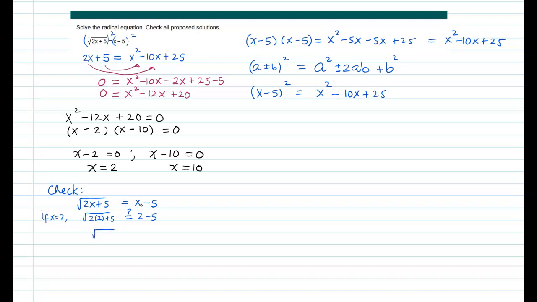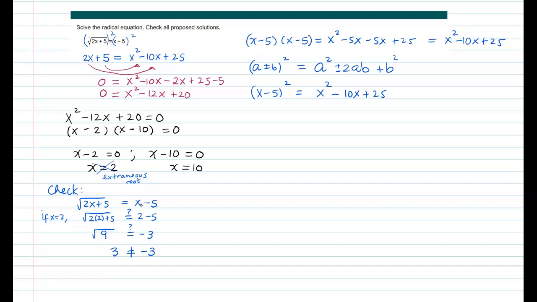This is equal to the square root of 4 plus 5, and that's the square root of 9. But is that equal to negative 3? Is the square root of 9 equal to negative 3? The answer is no, because the square root of 9 is 3. So that is not equal to negative 3. So we know that x equals 2 is an extraneous solution, or we call that an extraneous root.